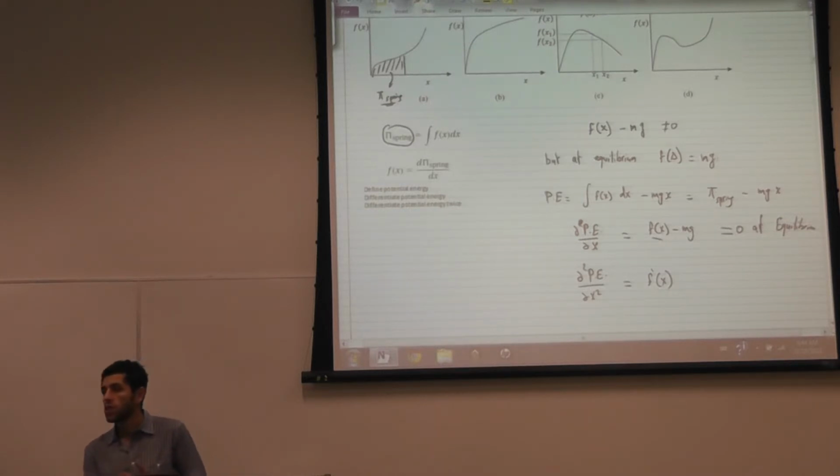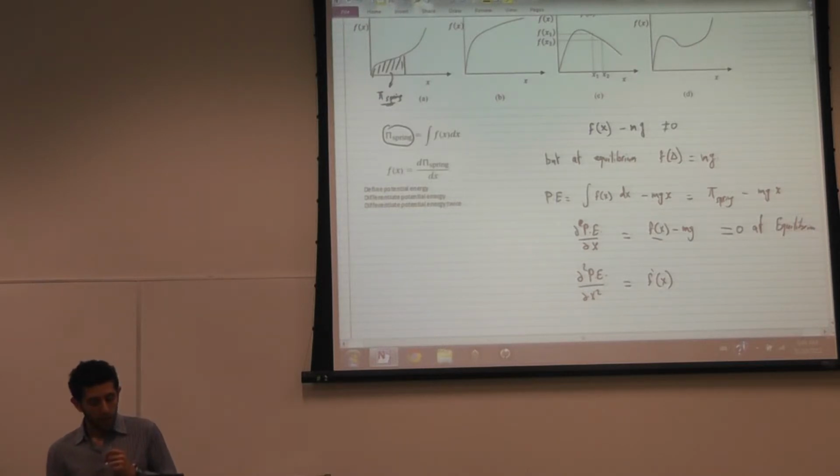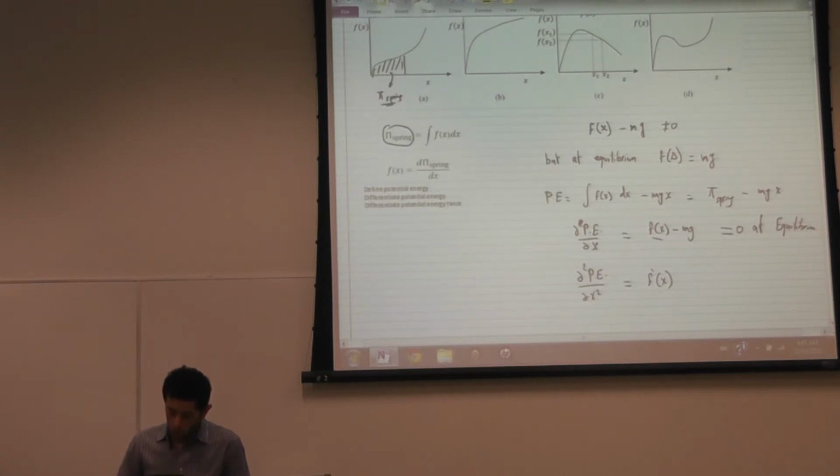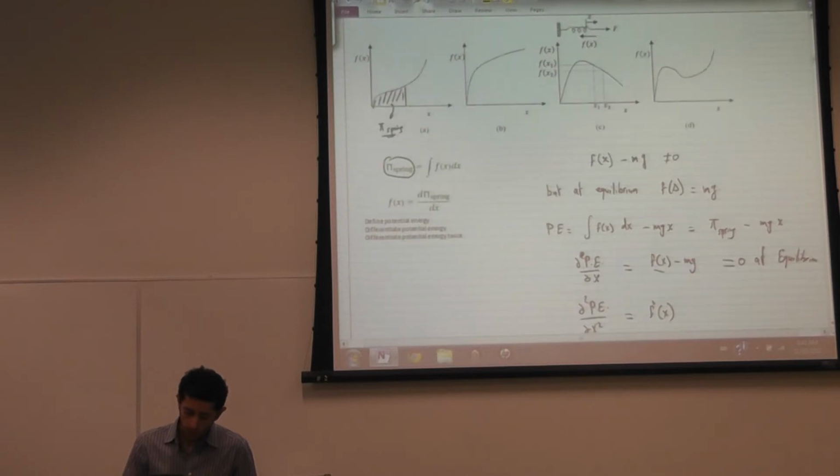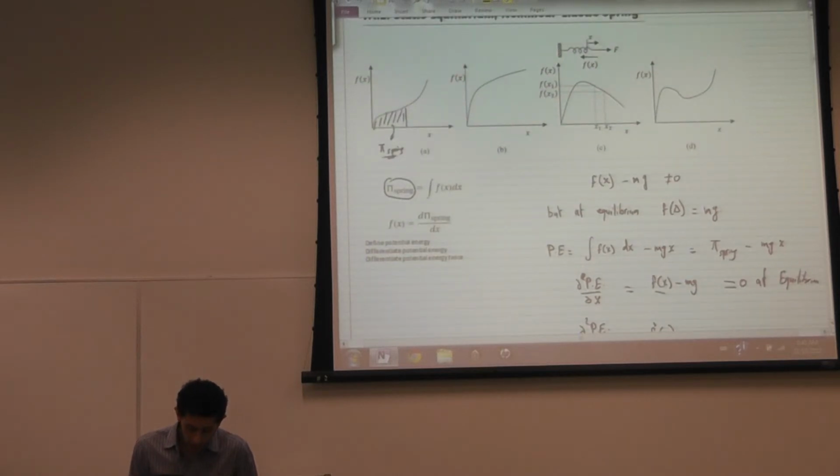So whether the system has a stable equilibrium or not depends on the slope of the spring force. If the slope is positive, then I get what we call stable equilibrium. So whether I'm talking about A or B, you get a stable equilibrium.